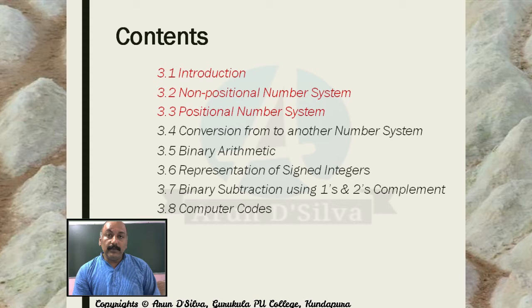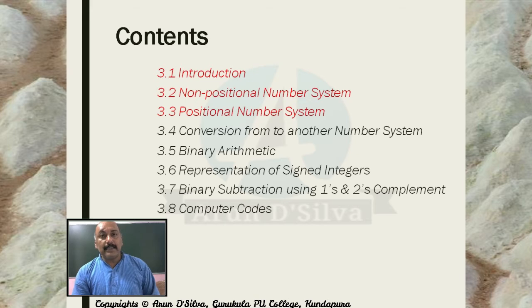That is the reason the base or radix of that number system is 10. In the binary number system, we have only 2 digits, 0 and 1. Therefore, the base or radix of that number system is 2. Similarly, for octal, there are only 8 digits. Therefore, the base of that number system is 8.